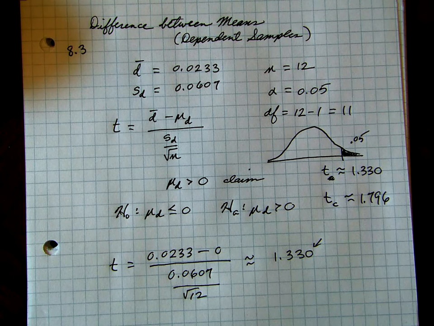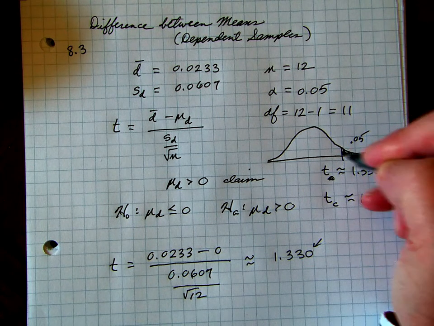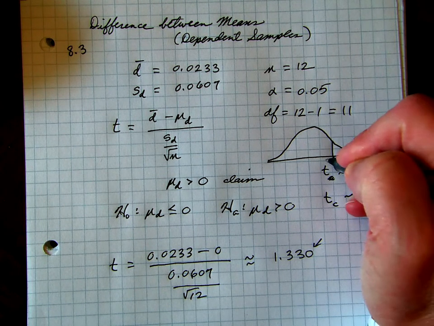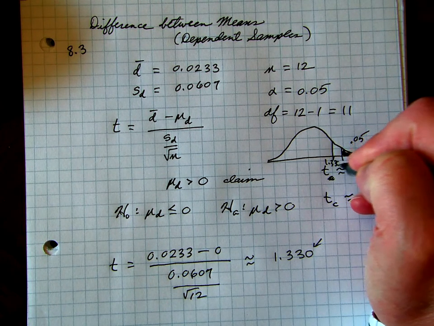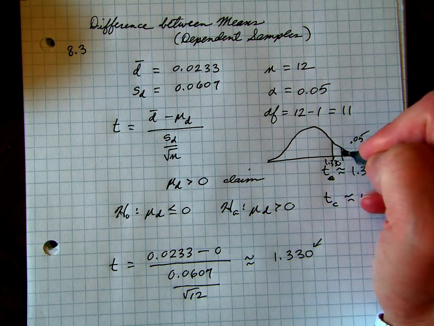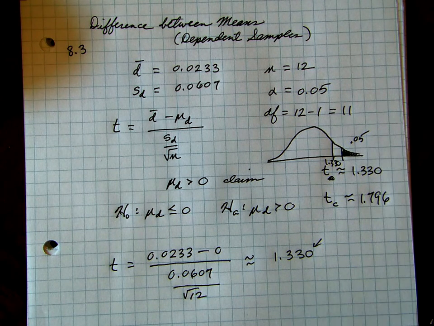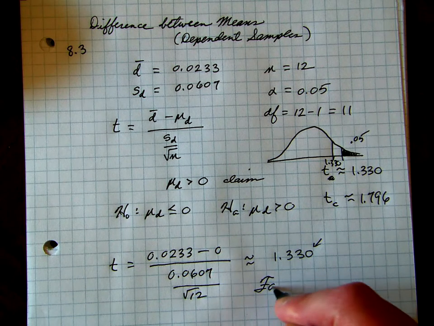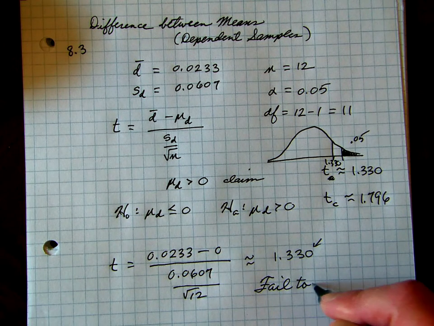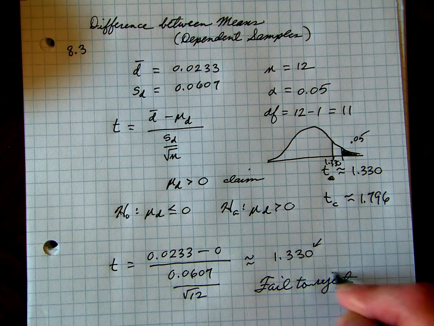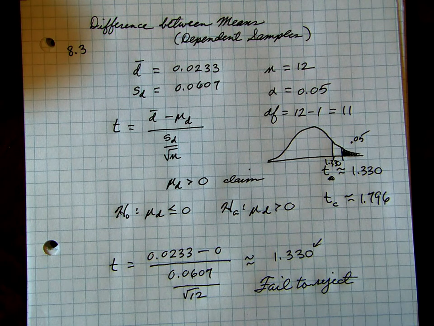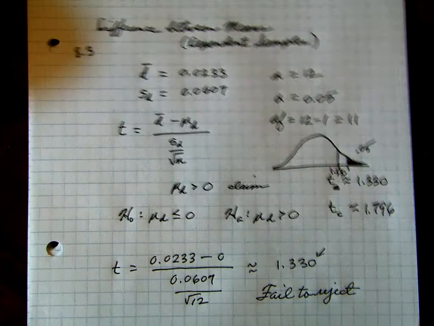So I apologize for that mistake. So 1.33 is down there, 1.796 is up here. We are not in the rejection region. Fail to reject, which is unfortunate for the claim of the shoe manufacturer, because the claim was in the alternative.